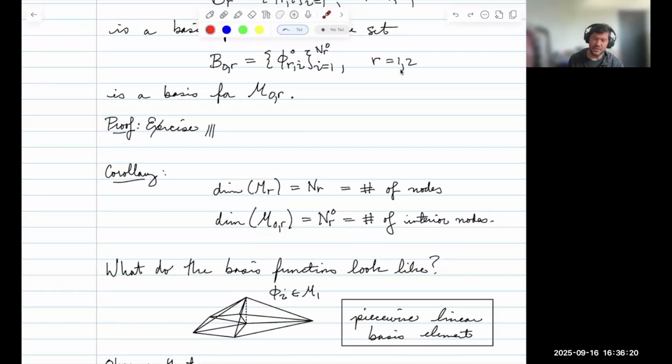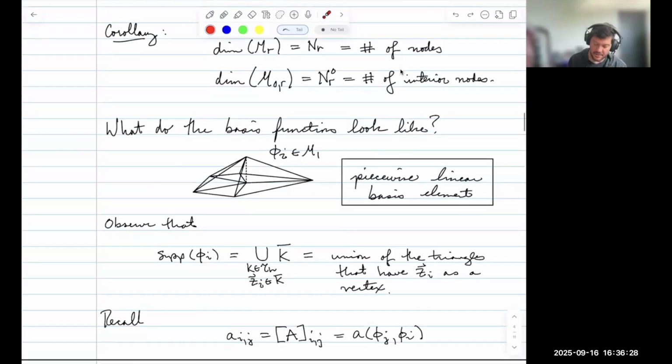So once I show you a picture, I hope you'll believe me that that makes perfect sense. But first of all, what do these basis functions look like? Let's do the r equals 1 case.